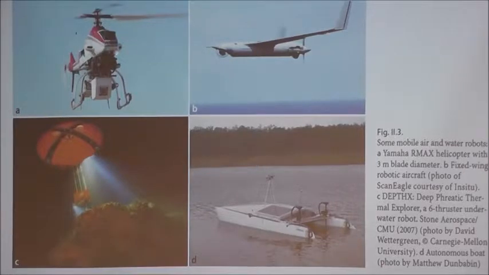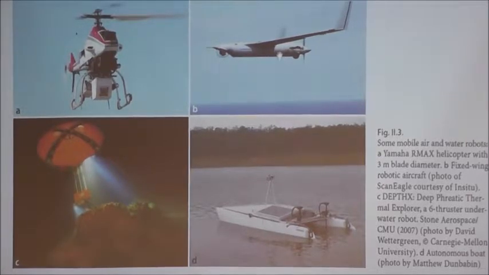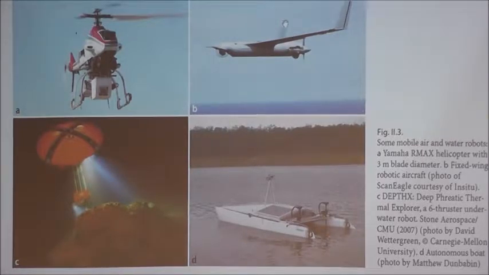We'll look at that later. This is an unmanned fixed-wing aircraft, which also has 6 degrees of freedom, namely X, Y, Z, pitch, yaw, and roll. Those are the 6. And the number of actuators is less than the number of degrees of freedom.